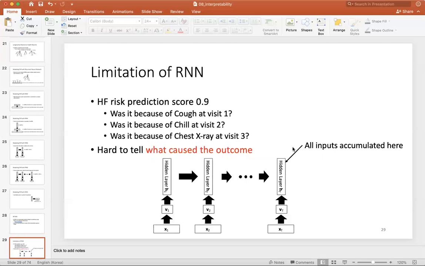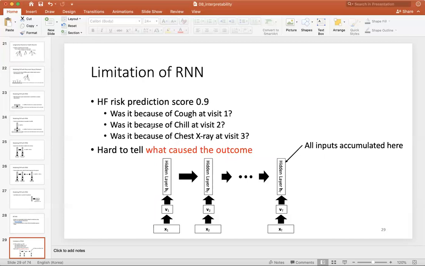This time the assignment number 2 was hospital readmission, and we used a single model, so I guess we can't make a direct comparison between logistic regression and RNN when we're doing hospital-level readmission prediction.